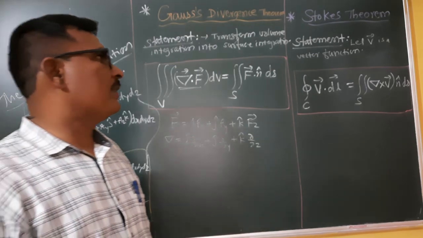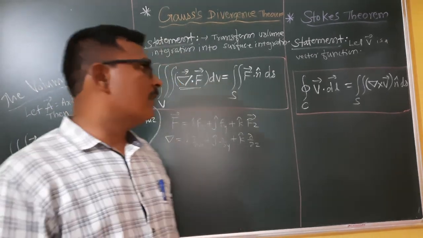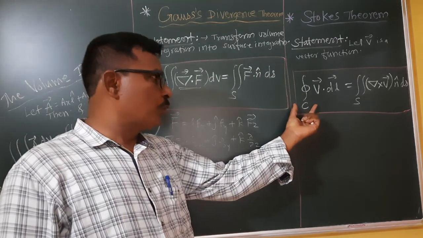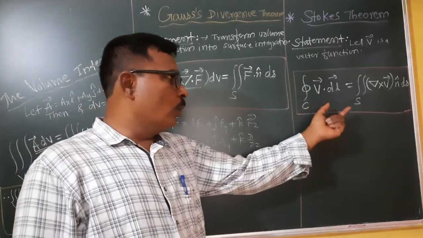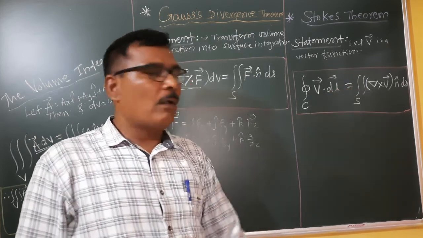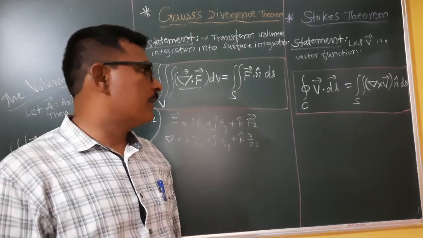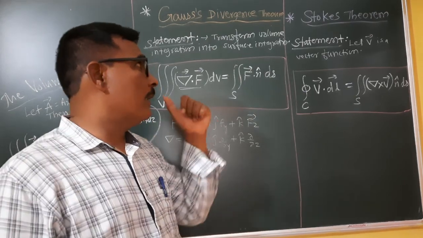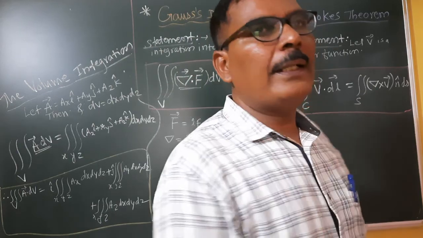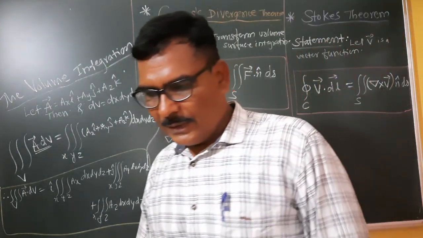The Stokes theorem states that the line integration of vector field V bar over the closed loop C is equal to the surface integration of curl of the vector field over the closed surface S. Stokes theorem is used to transform a line integration into surface integration.